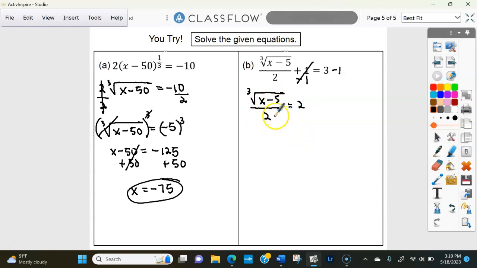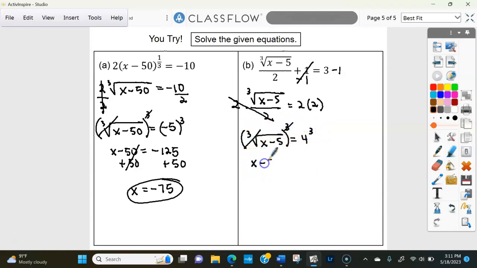Now this over 2, that's being divided, so to cancel it, I'm going to multiply by 2. And that's going to cancel that out. So the cube root of x minus 5 is equal to 4. Now that the radical is isolated, I'm going to cube both sides to cancel it out.